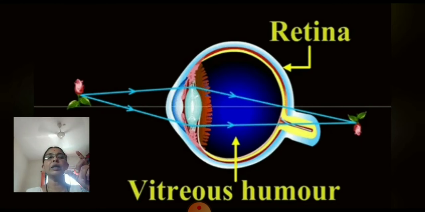As the ciliary muscles become weak, they are unable to change the focal length of the eye lens, and many times the eyeball also becomes shortened. So here the far things as well as the close things cannot be seen clearly.